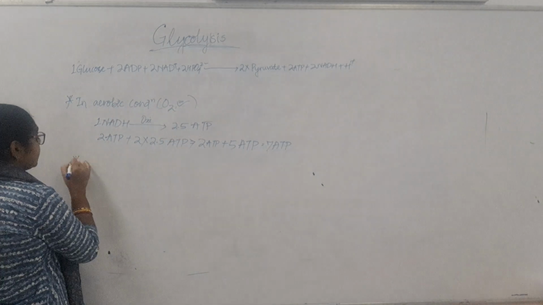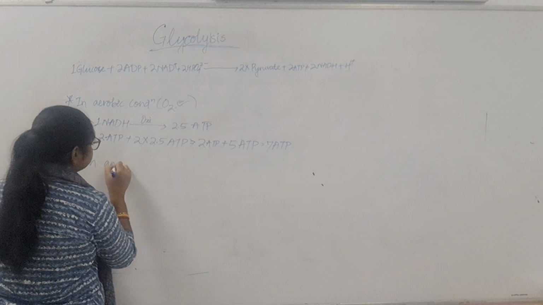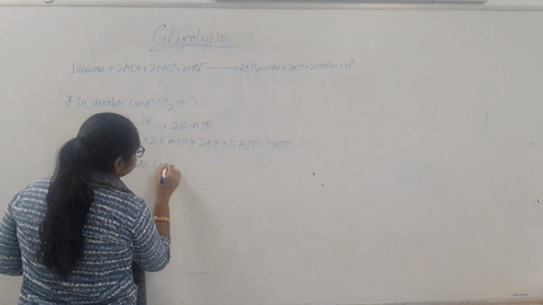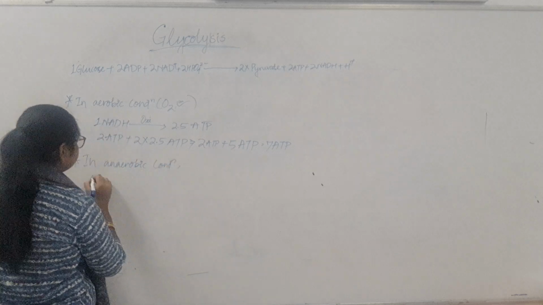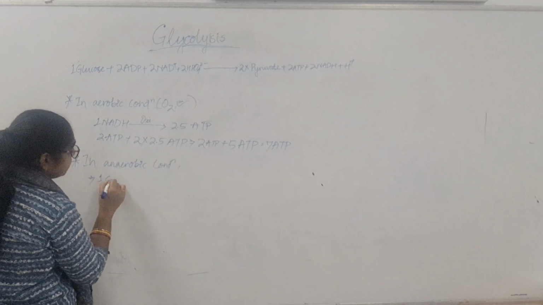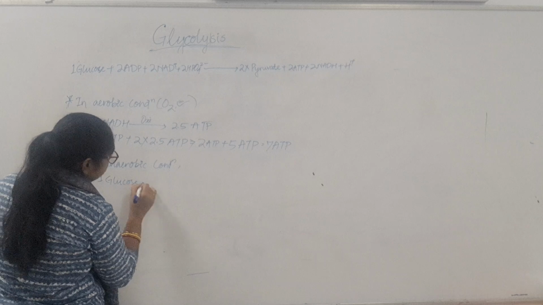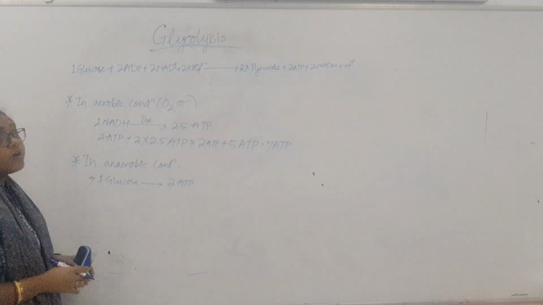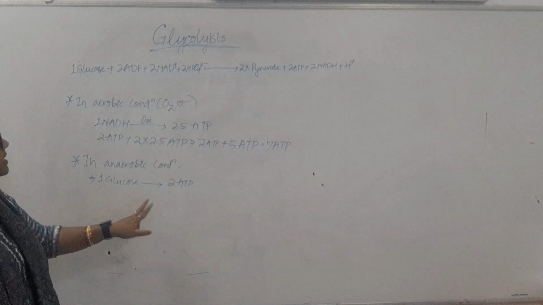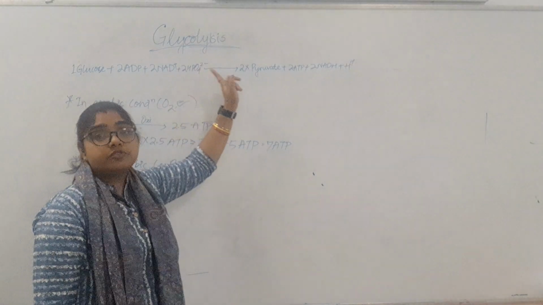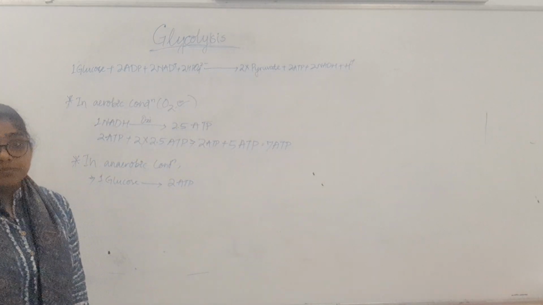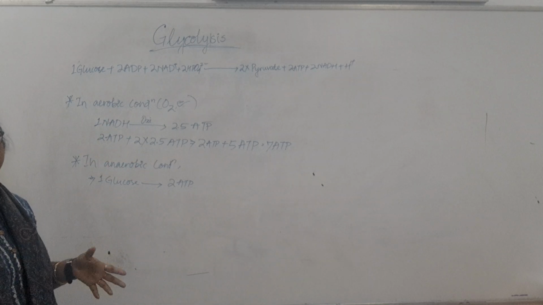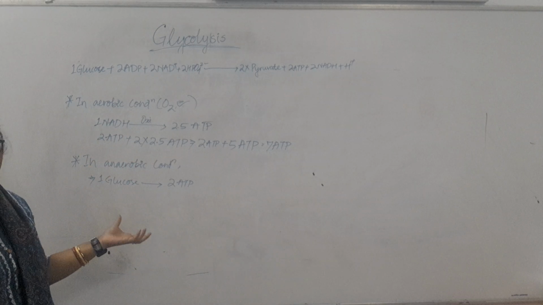But in anaerobic condition, that means when oxygen is not present, from 1 glucose molecule we'll get only 2 ATP because NADH cannot be oxidized here. So we'll get that 2 ATP that is directly produced from the glycolysis process. So this is the basic idea, the steps of the glycolysis process.